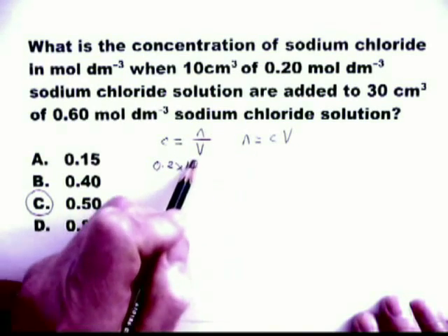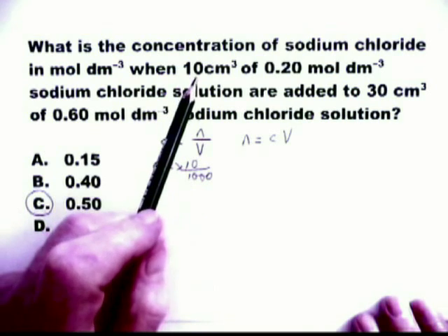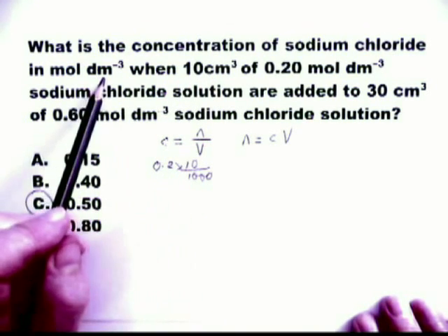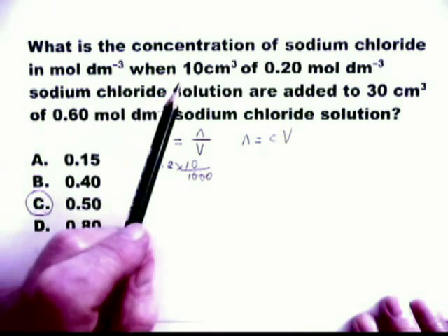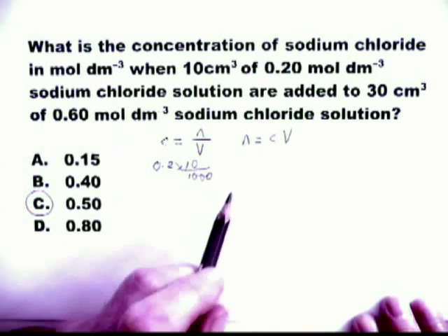0.2 times 10 over 1,000, plus 0.6 times 30 over 1,000. I put the 1,000 in because the volume is measured in centimeter cubed and we want the answer in decimeters cubed, and the relationship is 1,000 to 1.